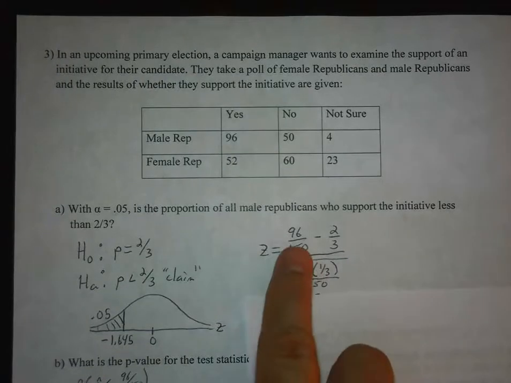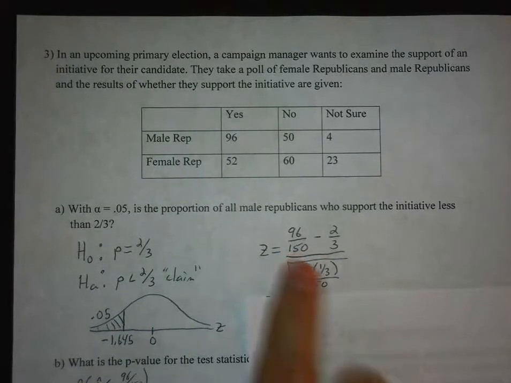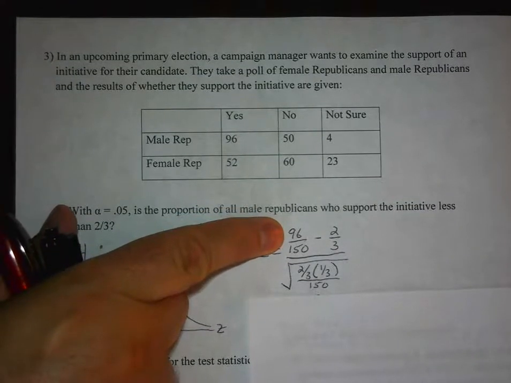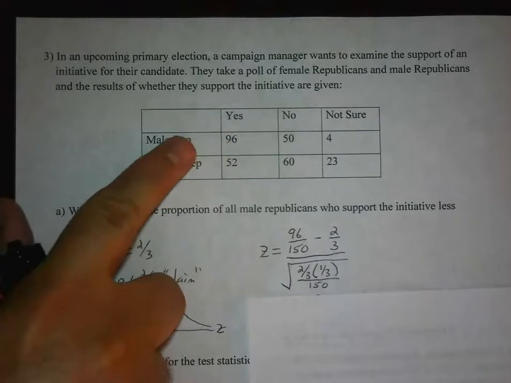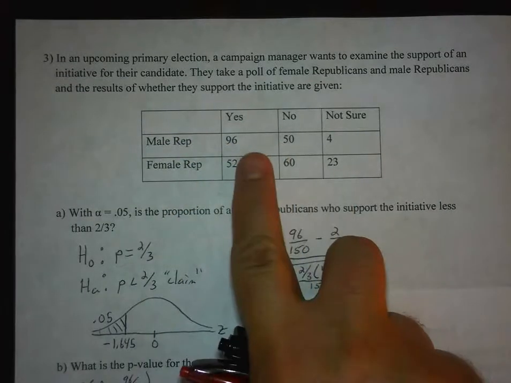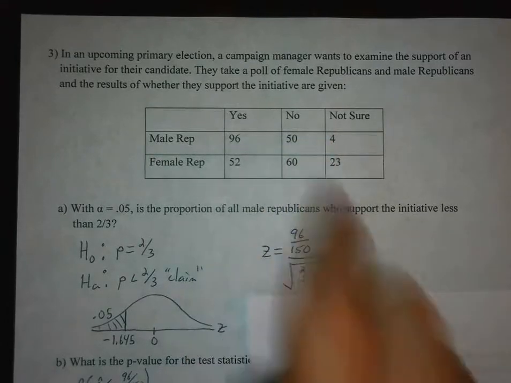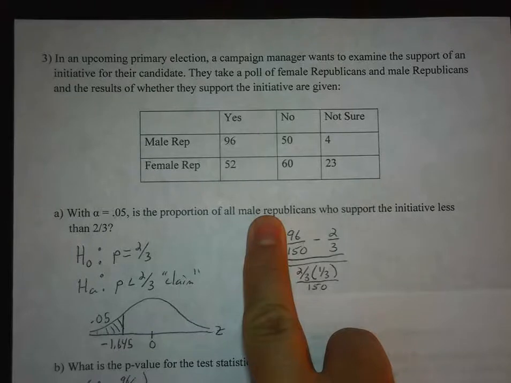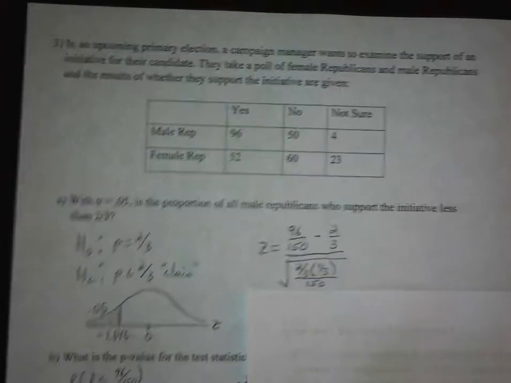Okay, so 96 out of 150 male Republicans support the initiative. That fraction, 96 out of 150, is your p hat: there's 96 males that said yes, out of a total of 150 males. That's 96 plus 50 plus 4. Because all they're looking at here are the male Republicans, so the females don't matter for this question.